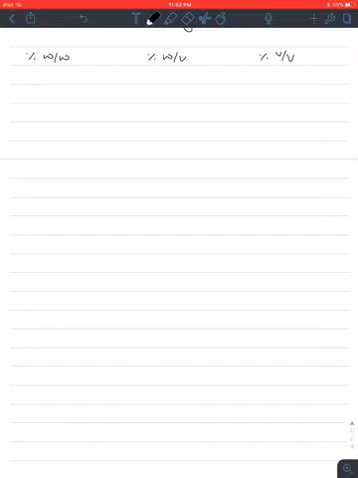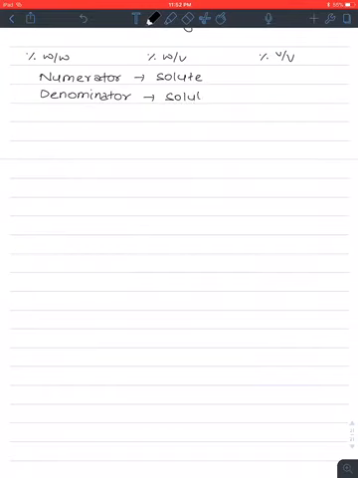Whichever part is in numerator represents solute, and whichever is in denominator represents solution. Numerator is representing solute, and denominator is representing solution.